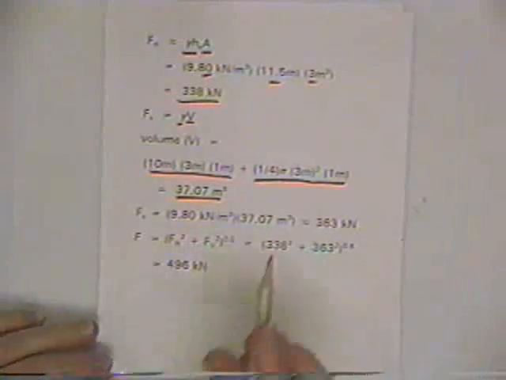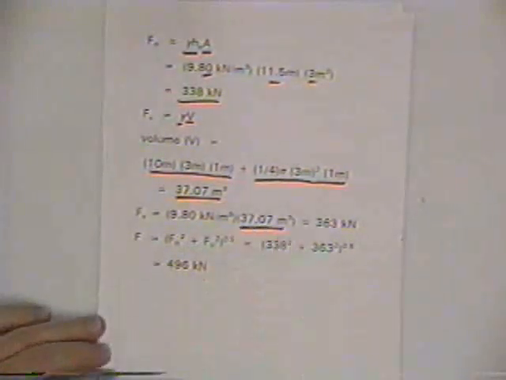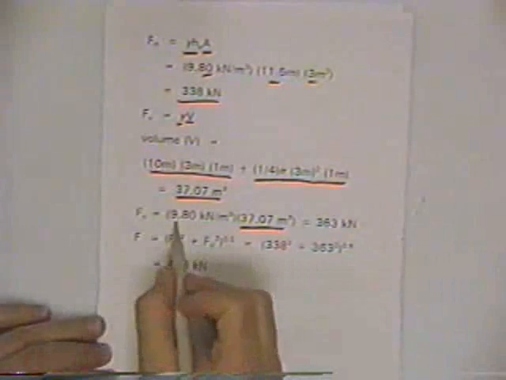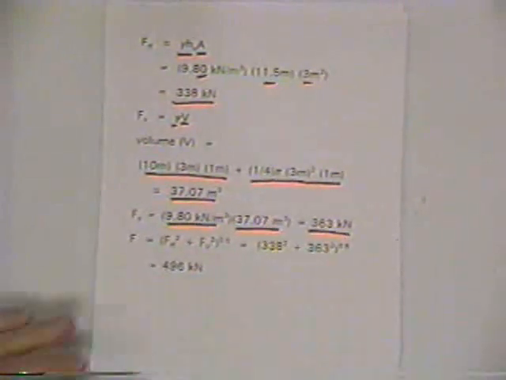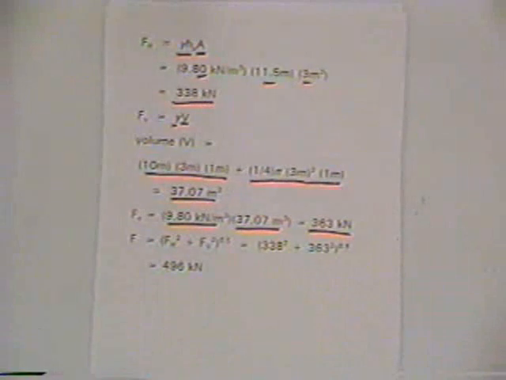And so the vertical force is just multiplying that volume, the 37.07 cubic meters, times the unit weight of the water to get us a vertical component of the force.